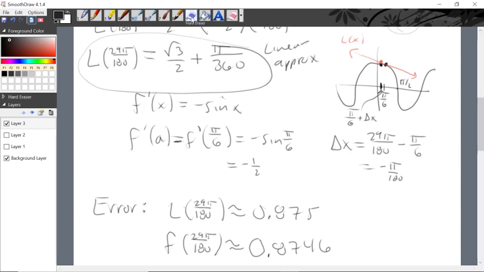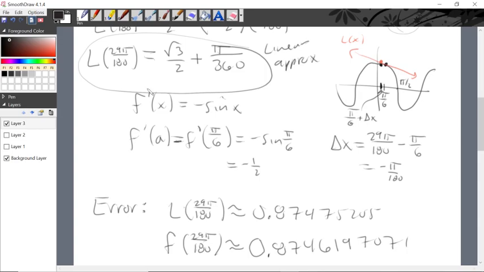I'm going to go out some more decimal places. Let's see all the decimal places we can get from the calculator. For the linearization, I get 0.8747525. For the actual value from the function, the cosine of 29 pi over 180, I get 0.8746197071.